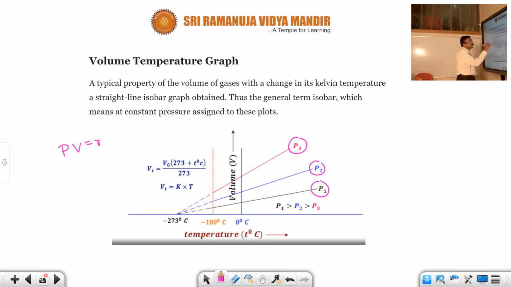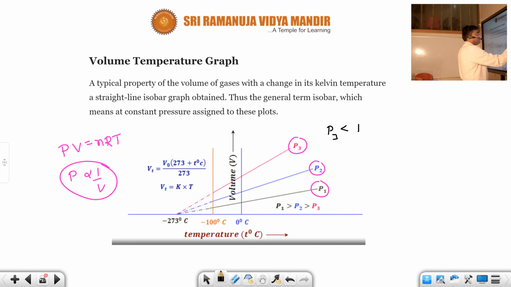PV is equal to nRT. Here, you know very well, pressure and volume are inversely proportional. That means, when volume is greater, pressure will be less. So, P3 is less than P2 is less than P1. That means P1 is greater. That's why you are getting P1 greater than P2 greater than P3.